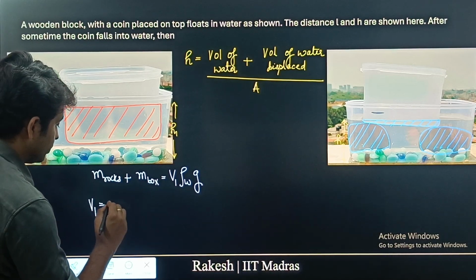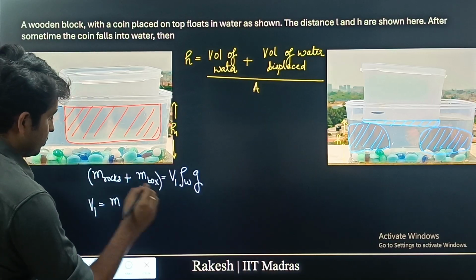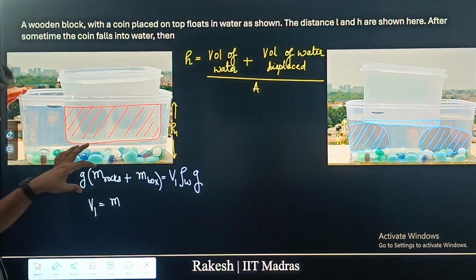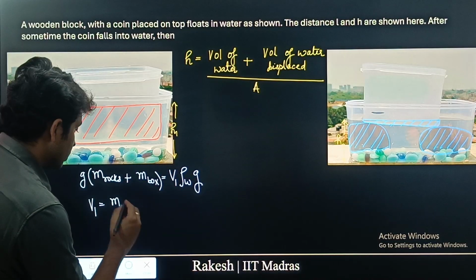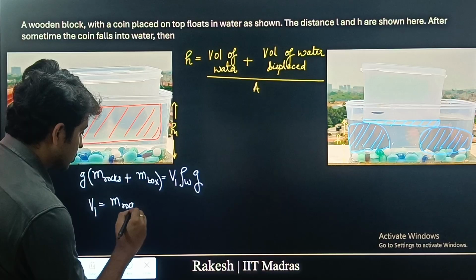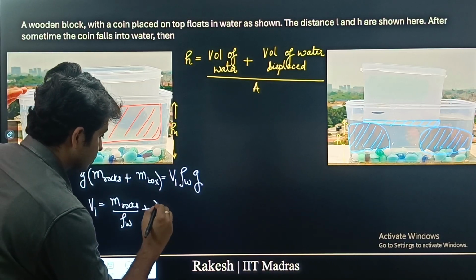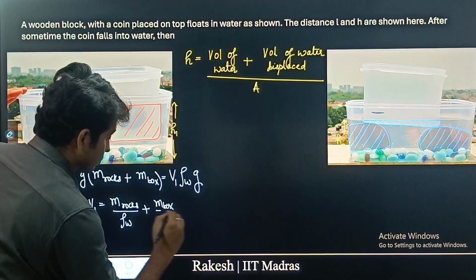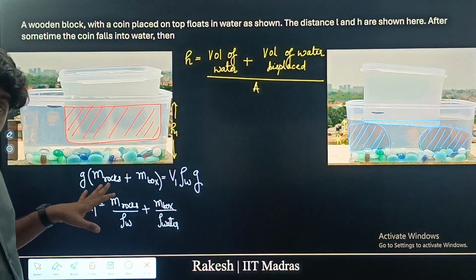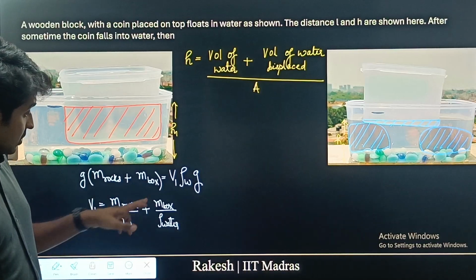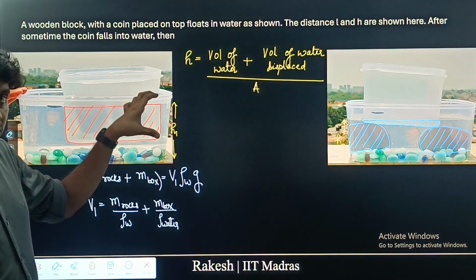V1 is equal to, this is mg, okay, weight equals the buoyant force. So V1 is mass of rocks by density of water plus mass of box by density of water. This is that much volume.